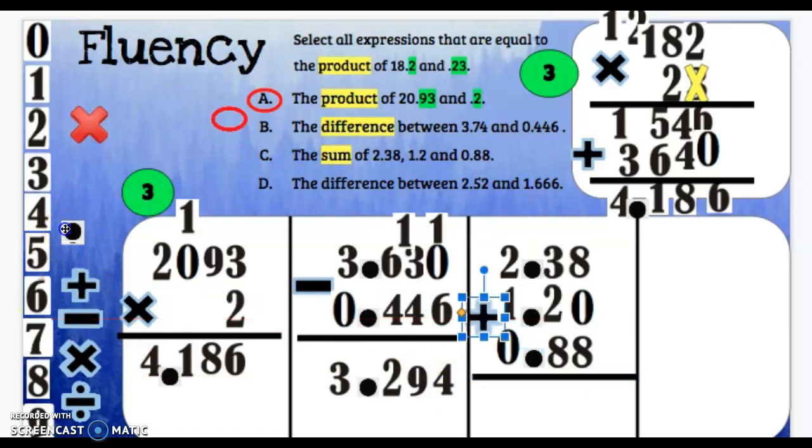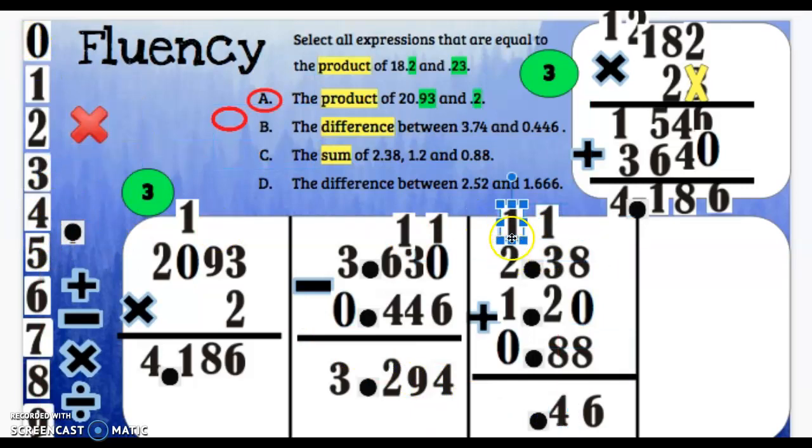When I add, I need to drop down that decimal point. Drop it down, drop it down. When we add and subtract, we drop it down. 8 plus 8 is 16. 8 plus 2 is 10. 10 plus 3 is 13. 13 plus 1 is 14.